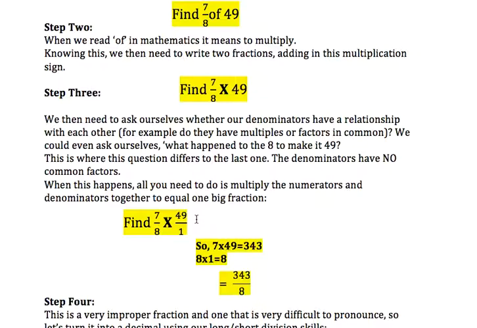You can see that the 49, the quantity, is now the numerator, not the denominator anymore. Then you multiply across this way, horizontally. So 8 times 1 is 8, like I've done here. Then 7 times 49, I've figured it out already, it's 343. And so then I end up with this fraction right here.